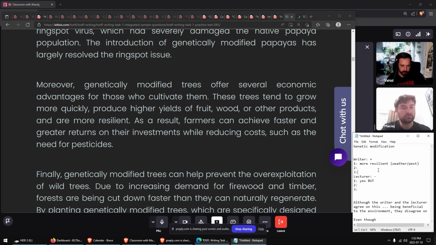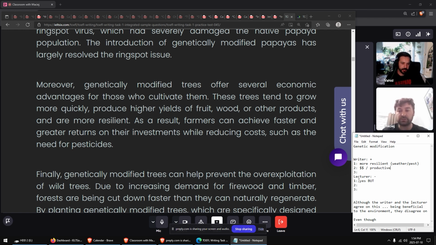What about this one, too? Moreover, genetically modified trees offer several economic advantages for those who cultivate them. These trees tend to grow more quickly, produce higher yields of fruit, wood, or other products, and are more resilient. So, big income.